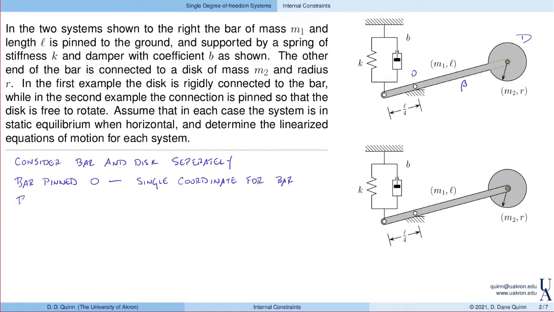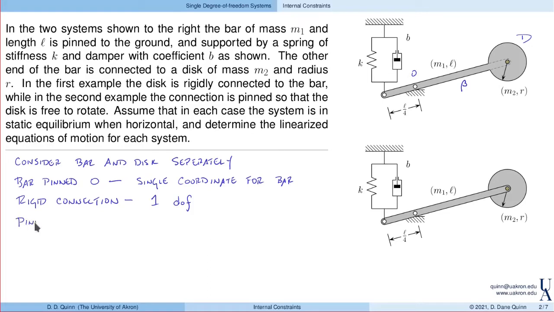If I have a rigid connection, then if I know the orientation of the bar, so if I know the angle here of the bar, then I also know everything about the disk. So if we have a rigid connection, we have a 1 degree of freedom system. I only need this one coordinate to describe everything, the bar and the disk.